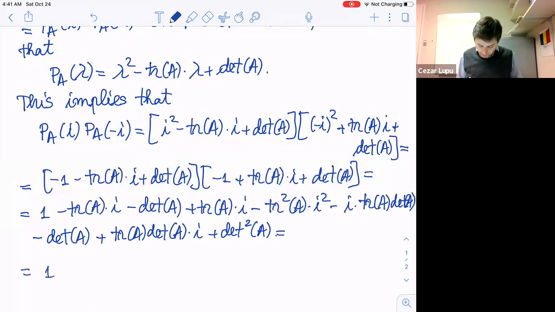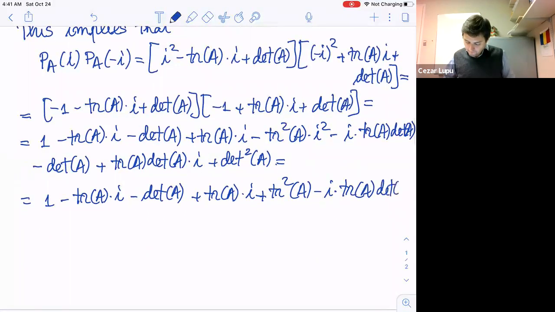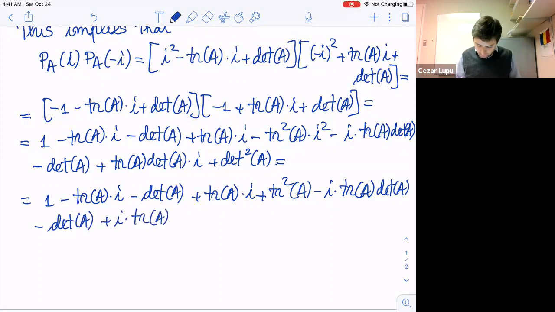So this would be 1 minus trace of A times I minus determinant of A plus trace of A times I, minus this guy here, I squared is -1, plus trace squared of A, minus I times trace of A times determinant of A. Minus determinant of A plus I times trace of A determinant of A plus determinant squared of A.